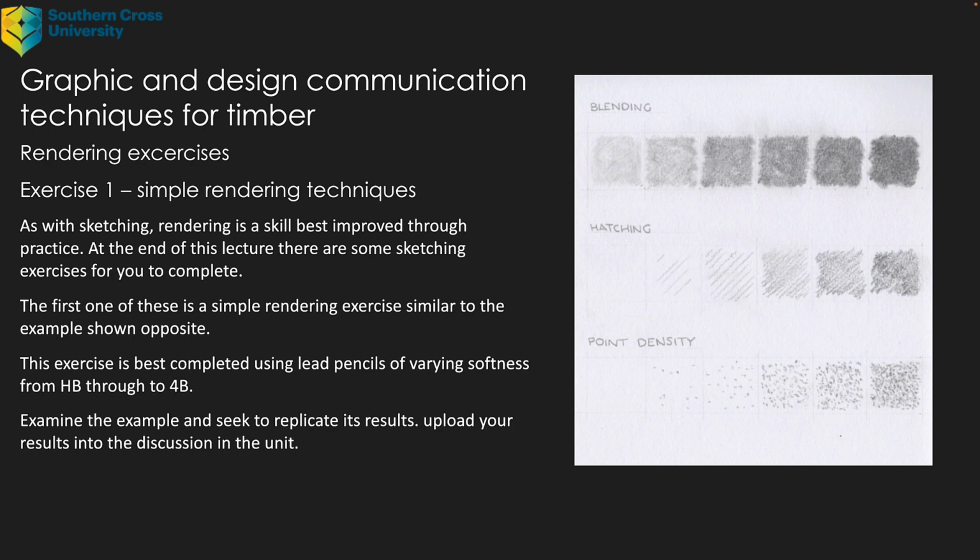So I'm not pressing any harder or any lighter for anything there. I'm just using different densities. And it's the same thing with the final. In most of those, I did use probably a softer pencil, probably a 4B. Point density is similar to hatching in that I'm basically doing dots on the paper, but my shading relates to the density of the dots.